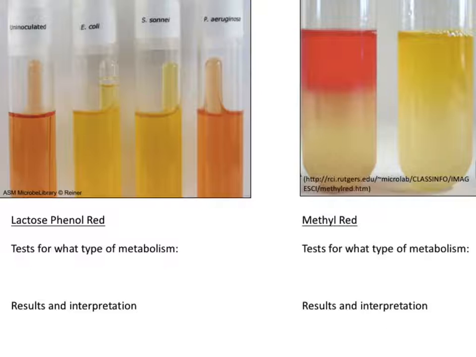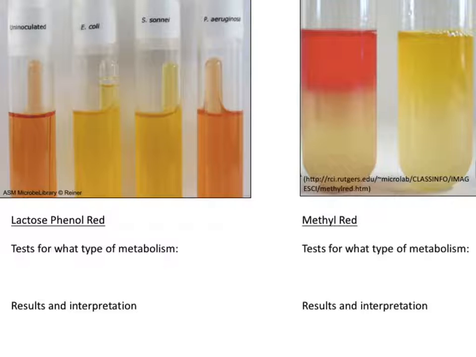Let me show you a visual that might be helpful here. So here is a graph. I pulled this out of a lab book, not ours, but another one. So in this particular graph here, what we have is pH value on the y-axis, hours of incubation on the x.